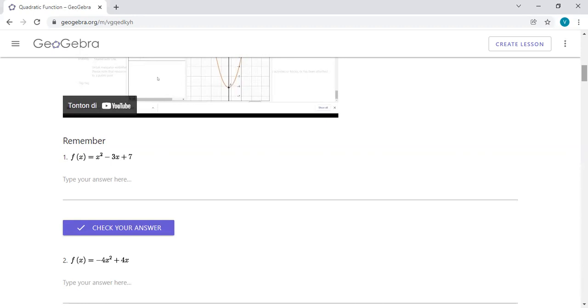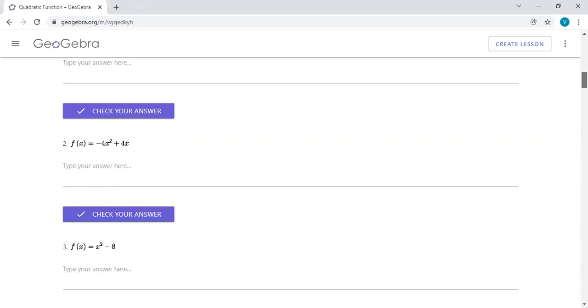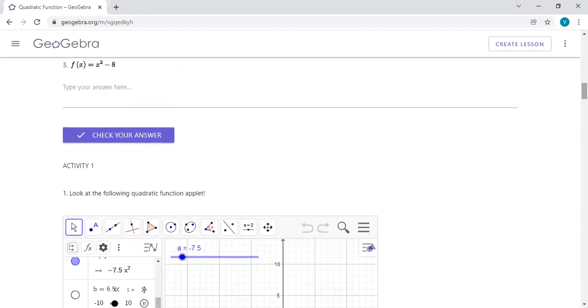Next, I give some material questions and then determine the value of A, B, and C from the quadratic function. In activity 1, I provided an applet with 3 types of graph of quadratic function.